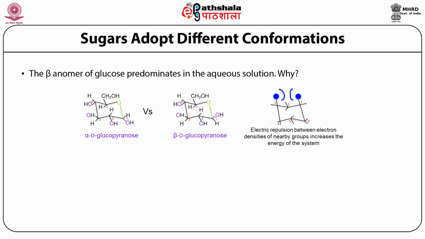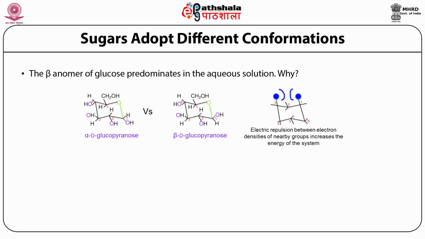Let me also mention here that a sugar with a 6-membered ring is referred to as pyranose, which is why we have been calling the cyclic structure of glucose glucopyranose, while sugars with 5-membered rings are called furanoses, and therefore we referred to the cyclic structure of fructose as fructofuranose.